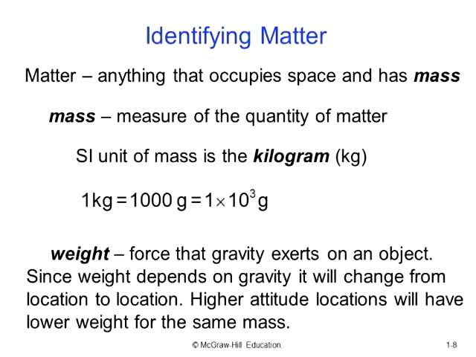So how do we identify matter? Well, matter is anything that occupies space and has mass. So, if it occupies space and it has mass, it matters. Mass measures the quantity of matter. How much matter do I have? That's called mass.